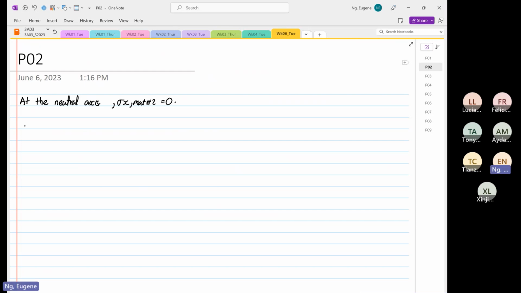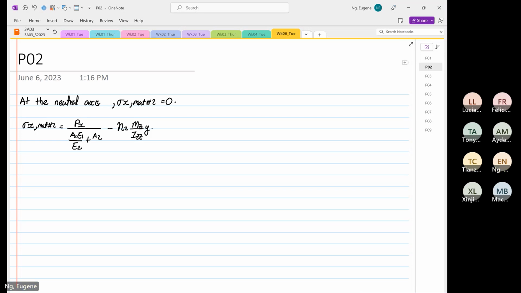So if we look at the stress X formula for material number 2, we know that this is equal to Px over (A1 E1 divided by E2 plus A2), and then we know that there's a minus over here, N2 Mz over Izz.